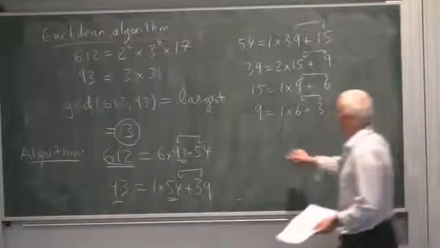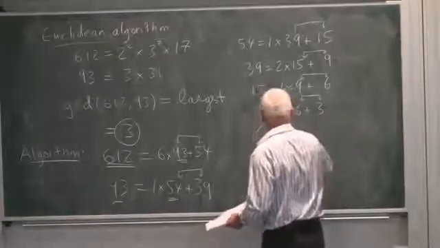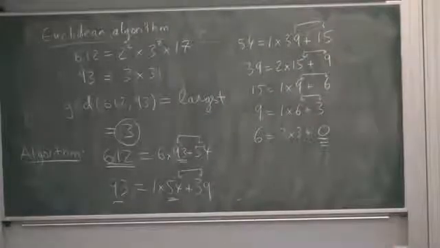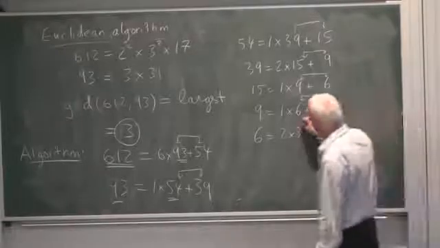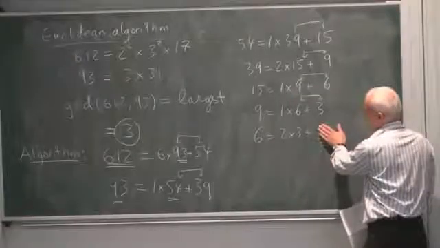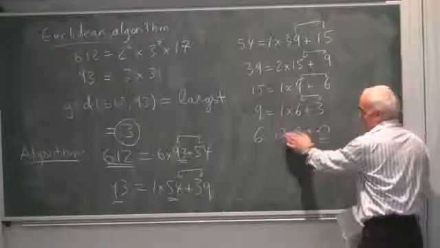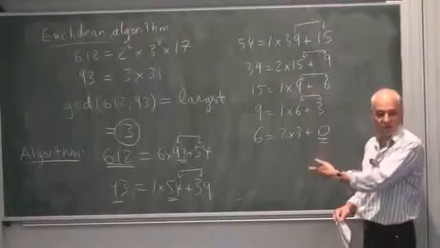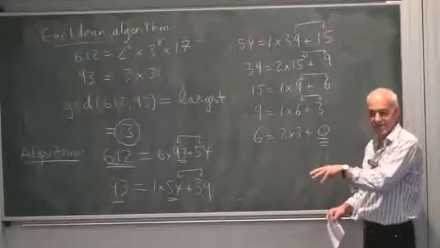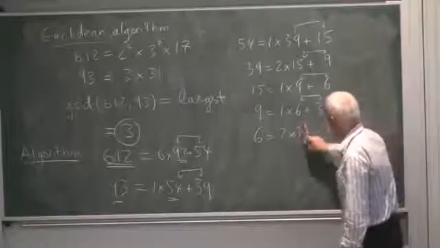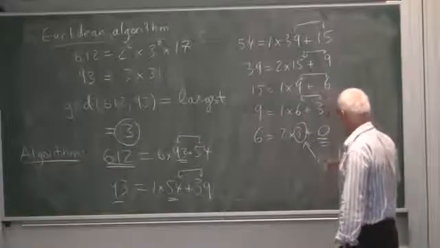And finally we get to the stage where 6 is equal to 2 times 3 with a remainder of 0. So the greatest common divisor between 6 and 3 at this stage is 3 because 6 is a multiple of 3. Once you have a remainder of 0, it means that one is a multiple of the other. And so the smaller number is the greatest common divisor. So this last nonzero remainder that we got, that is the greatest common divisor.